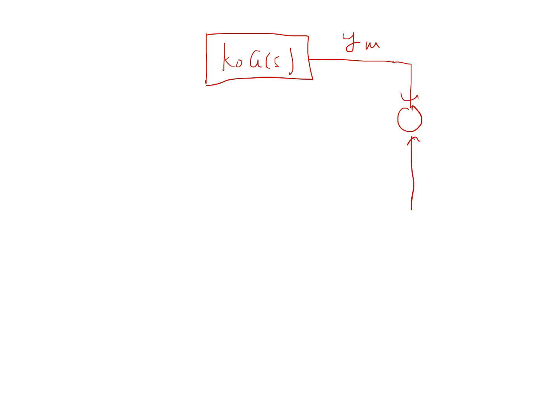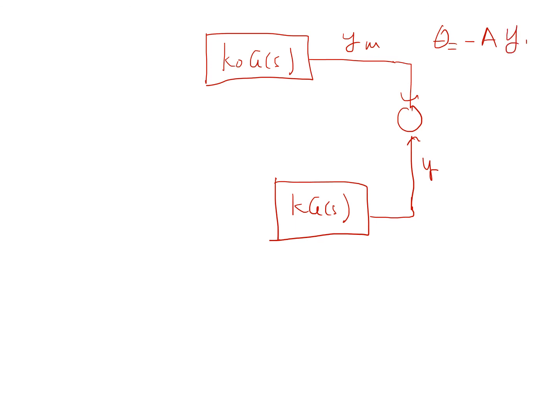So k0 g(s), the output is ym. Here is y from the plant, k g(s) is the plant. Now theta is equal to negative a ym e over s.